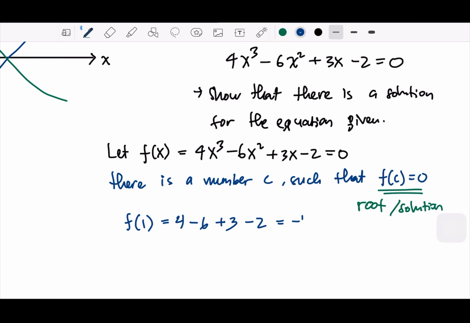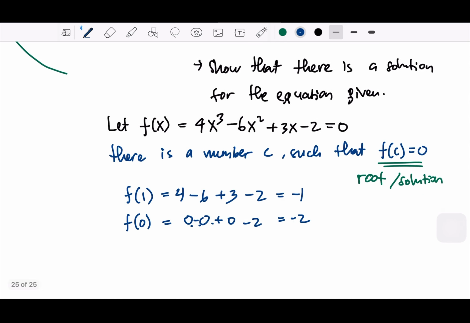This is negative 1, right? If you take 0, I think it's still negative, right? It's still negative 2. Maybe number 2. Assume number 2 will be positive, because 2 having positive on the cubic, and then having another one here.